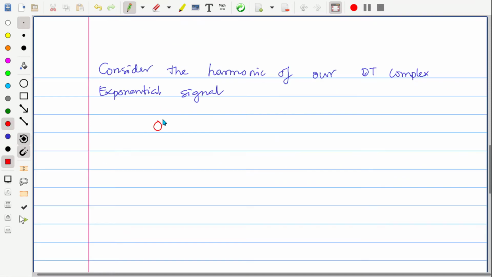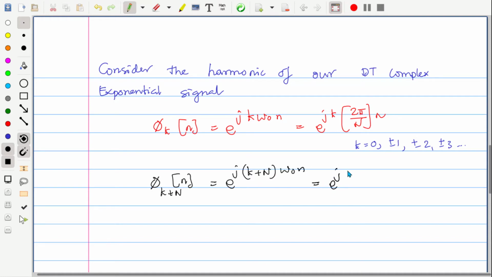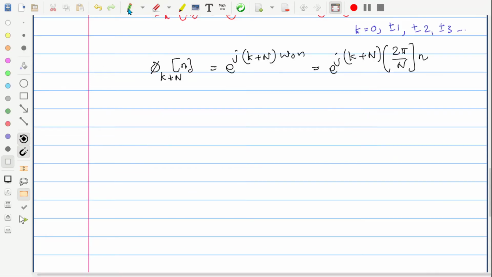Now consider our harmonically related complex exponential φk[n], which is equal to e^(j2πk/N n), which we have already discussed in the previous video, where k can take different values like 0, ±1, ±2, ±3, and so on. Now compute φ(k+N)[n], which is e^(j(k+N)2π/N n).